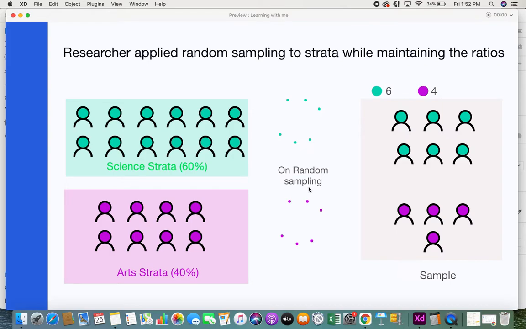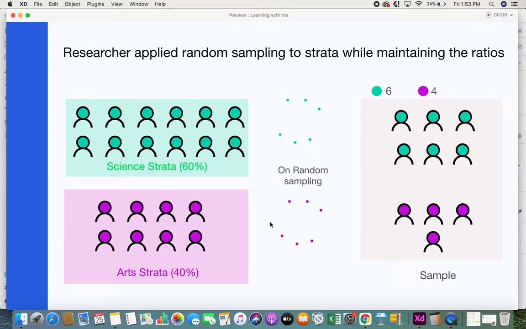When I apply random sampling, depending on my ratios, the researcher chooses to select 6 students from the science strata and 4 students from the arts strata, since it's a 60-40 ratio. So based on that, this is the sample that is obtained: 6 science students because of 60% and 4 because of 40%.